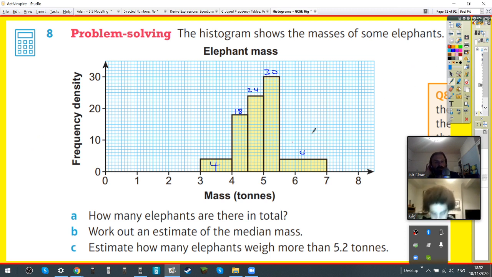4 plus 9 would be 13, plus 12 would be 25.